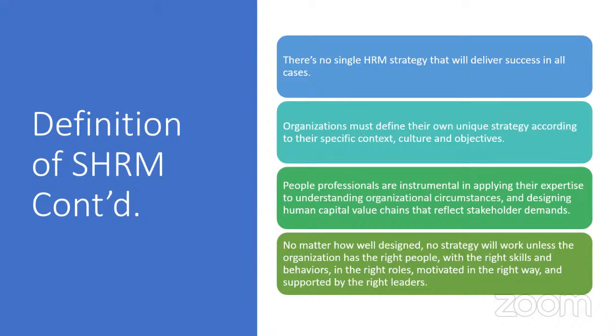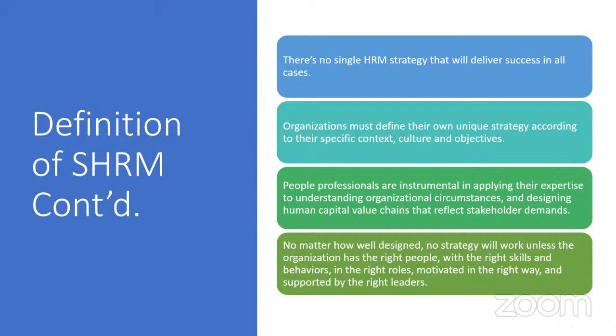And then, no matter how well designed, no strategy will work unless the organization has the right people with the right skills and behaviors in the right roles, motivated in the right way, and supported by the right leaders. This is very, very important. A whole lot of people face frustration in their working places. They tell you management is not supporting what we're doing, and a whole lot of concerns come up.